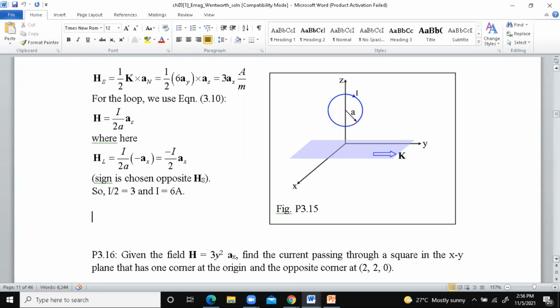Sir, question. Yeah. How did they end up with AX? Because I understand 6AY and AZ, but not the solution with 3AX. I understand the 3, but not the AX.